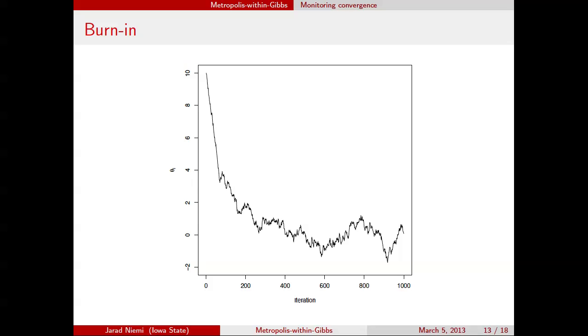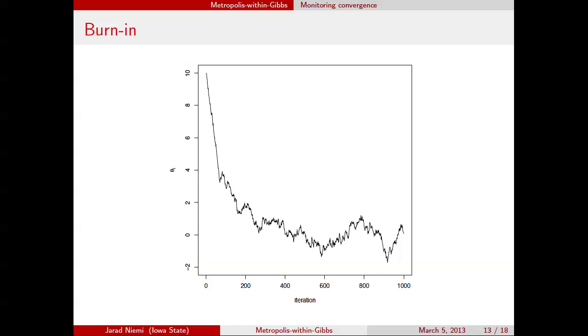Here's a trace plot and some intuition in terms of what's going on. In this case, the target distribution is a standard normal, and we started with a value of 10. We're going to run this Gibbs sampler. What seems clear is that early on, we have not converged.